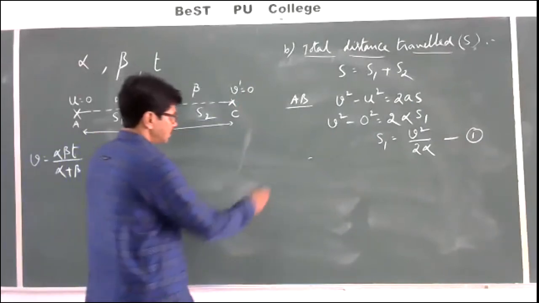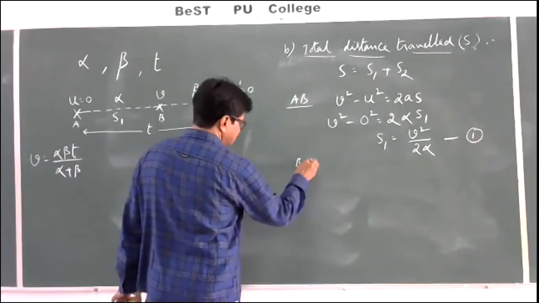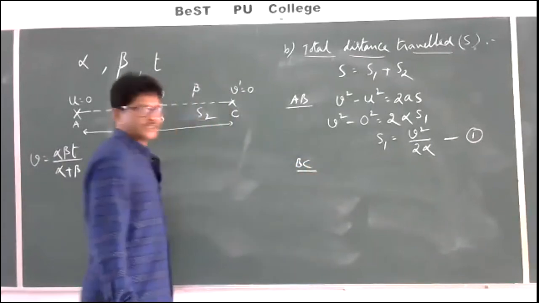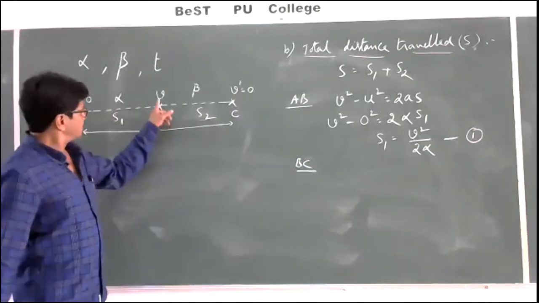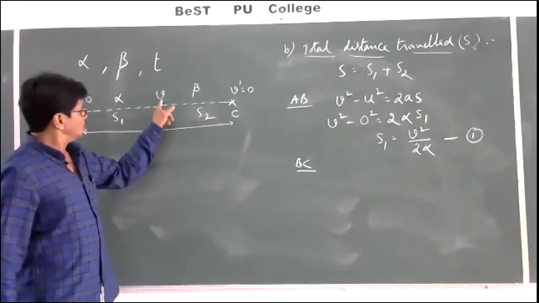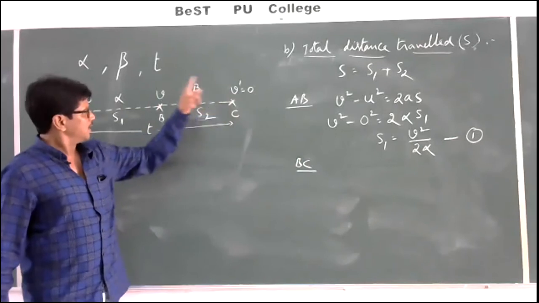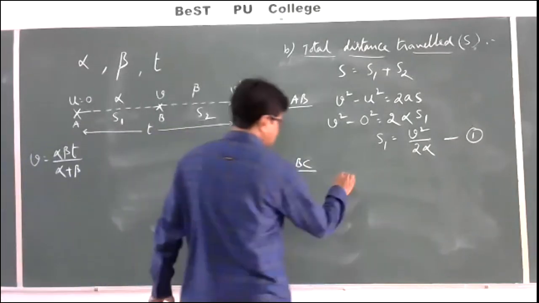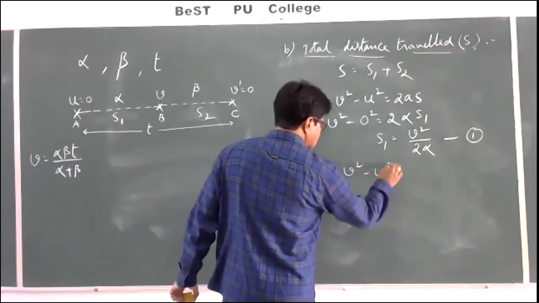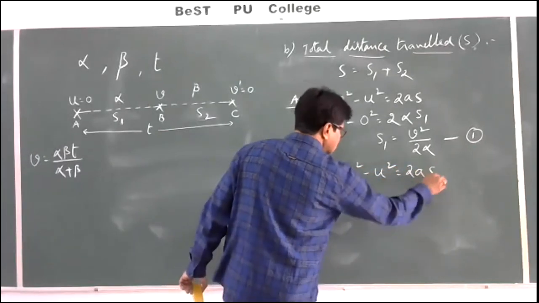Similarly, BC. Here it is also the same. U, V, A, S. Same formula: V square minus U square is equal to 2AS.